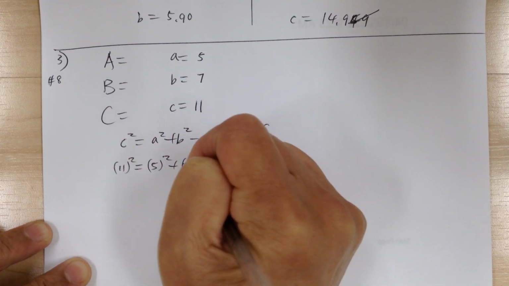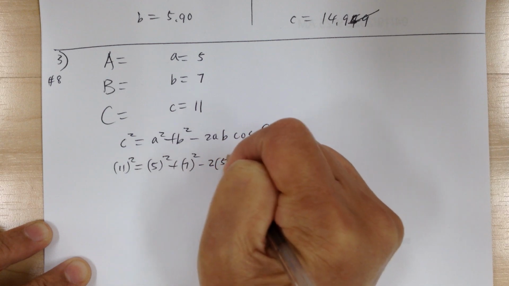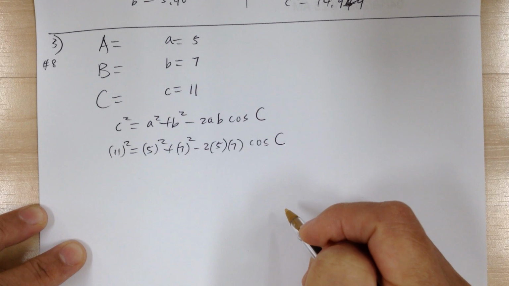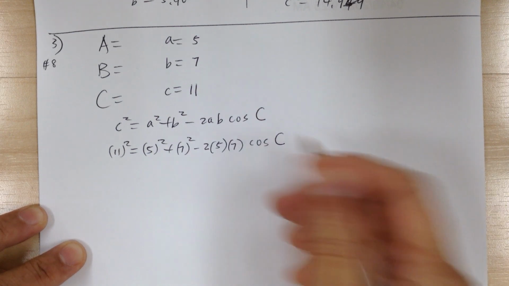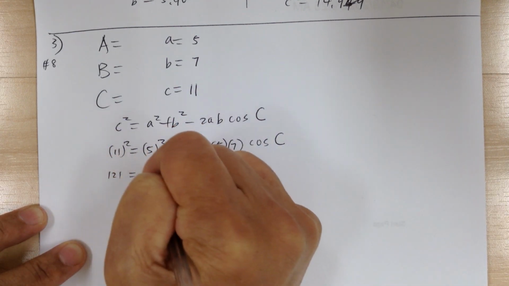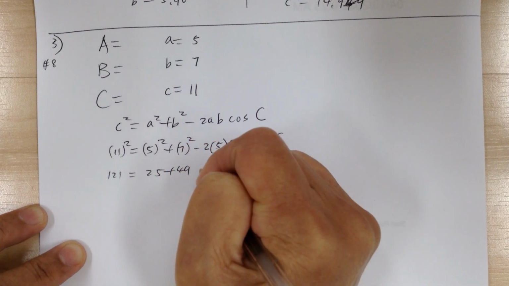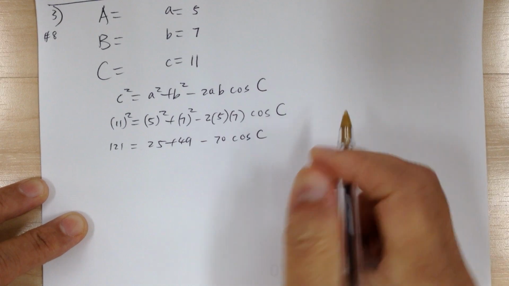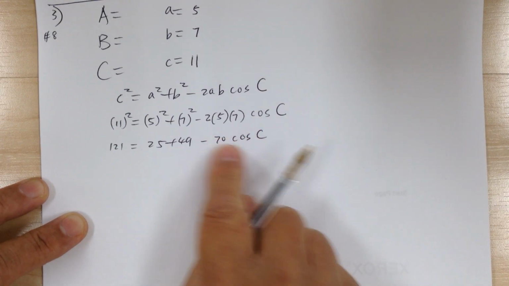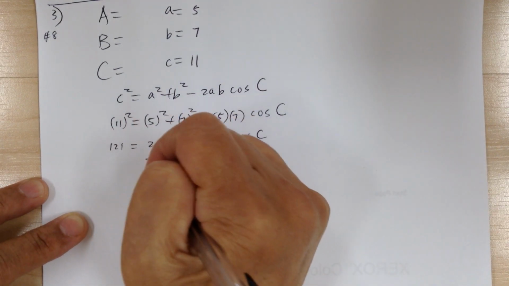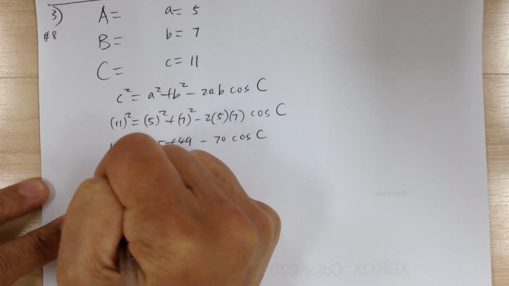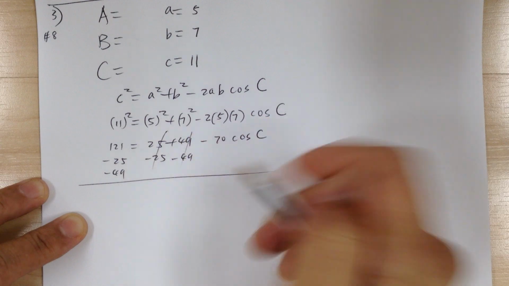Work it out. Do not subtract 70, because this is part of this term. So minus 25 and minus 49, so this will cancel out.